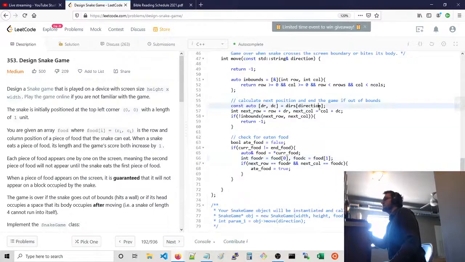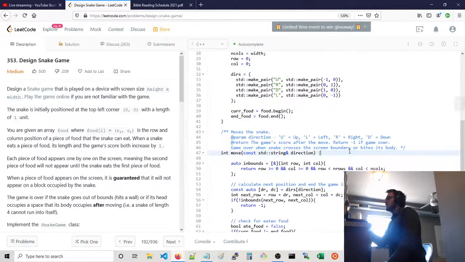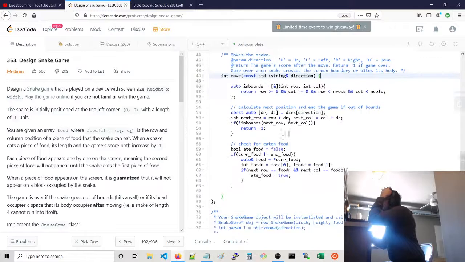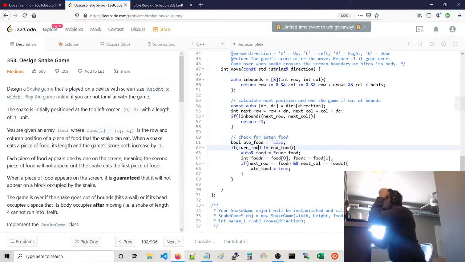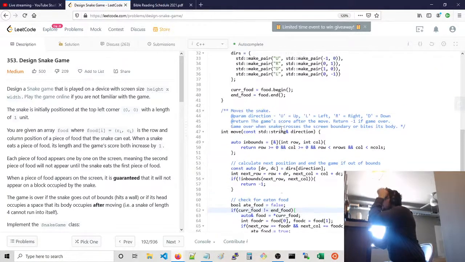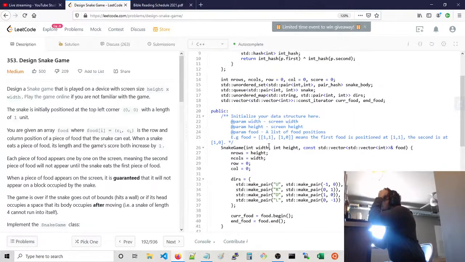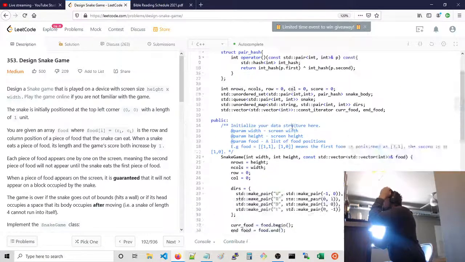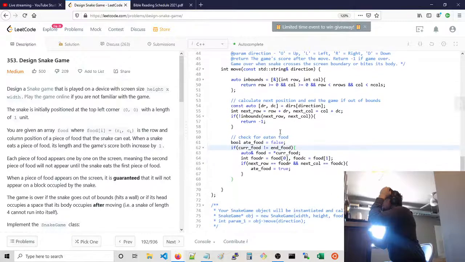That compiles, nice. And so for in bounds, we want to see if we ate the food. Check for eaten food. We just want to check if it compiles first right now.